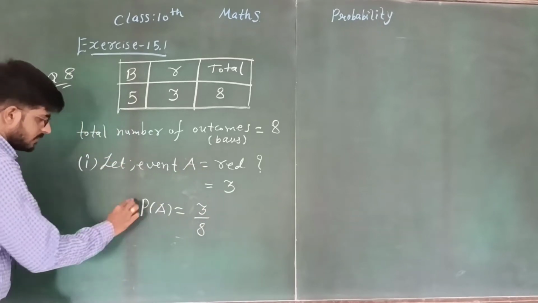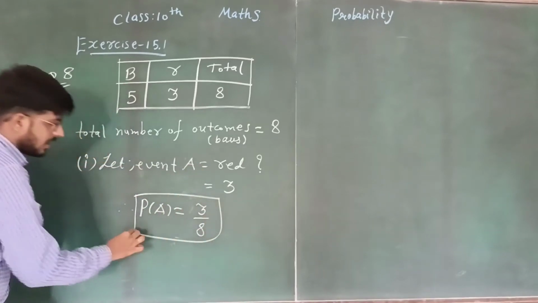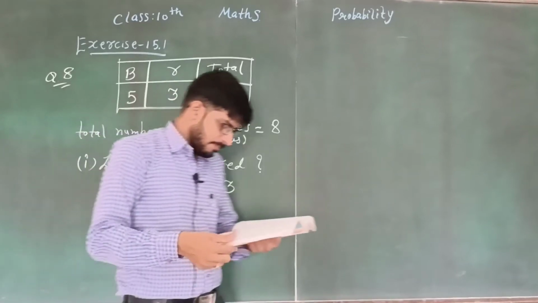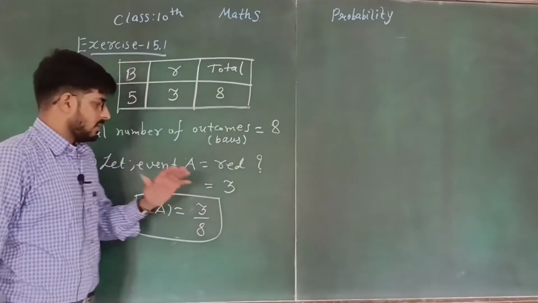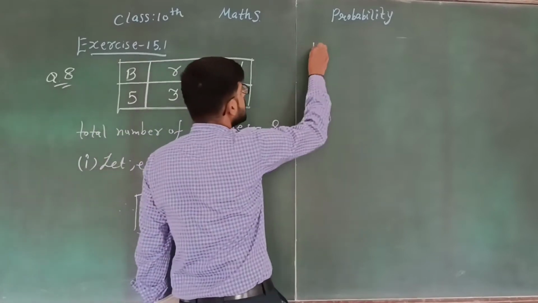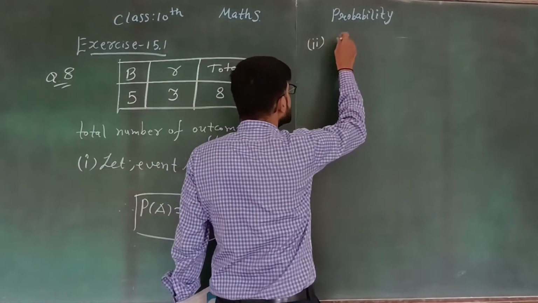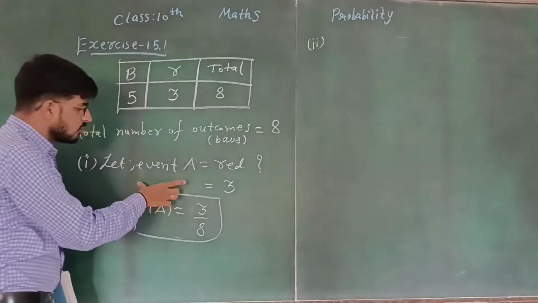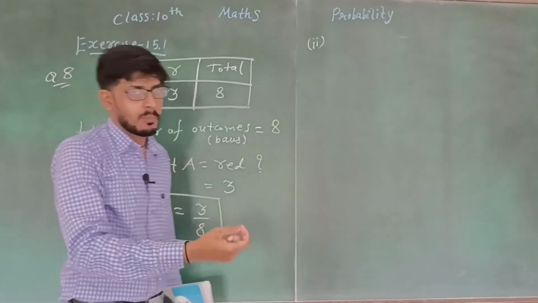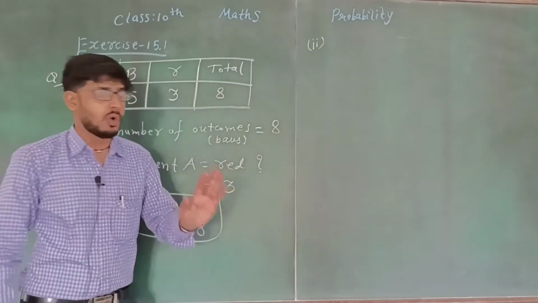Is it clear? Next, second not red. So it means we are going to find P of A bar, the complement of A, because not red.